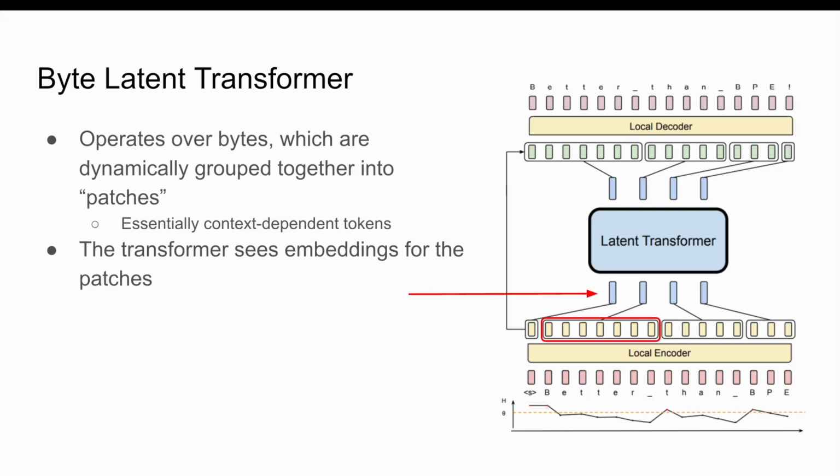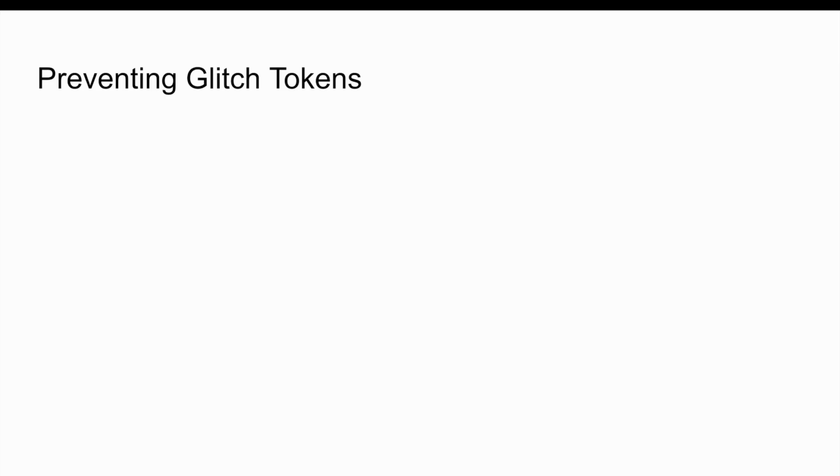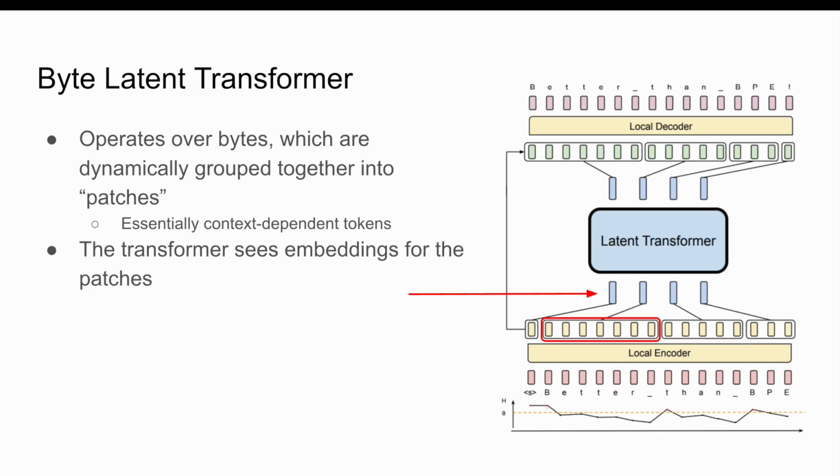And in the end, the actual transformer sees embeddings for those patches, which are conceptually indistinguishable from subword token embeddings. So I think, for now, maybe we don't have the infrastructure to take this tokenizer-free or patching approach.